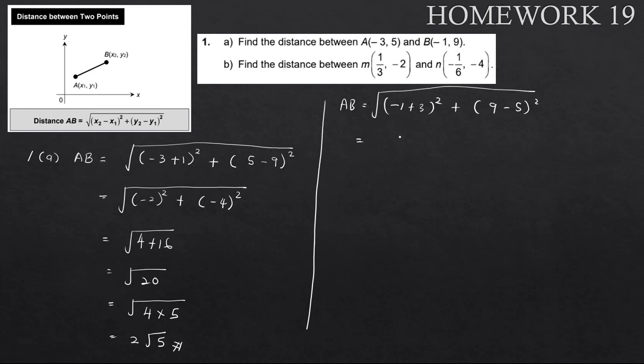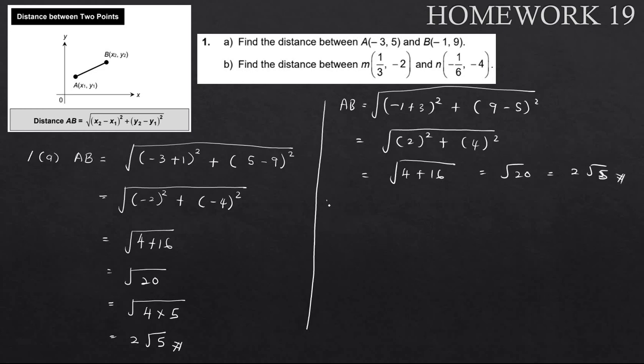Negative 1 plus 3 is 2, squared, plus 9 minus 5 is 4, squared. Then 2 squared is 4, 4 squared is 16. We still get the same answer, square root of 20, and if we want to further simplify, it's 2 square root 5.